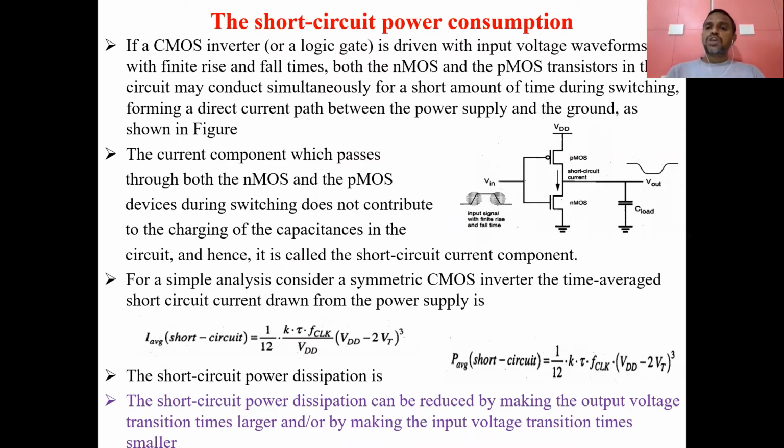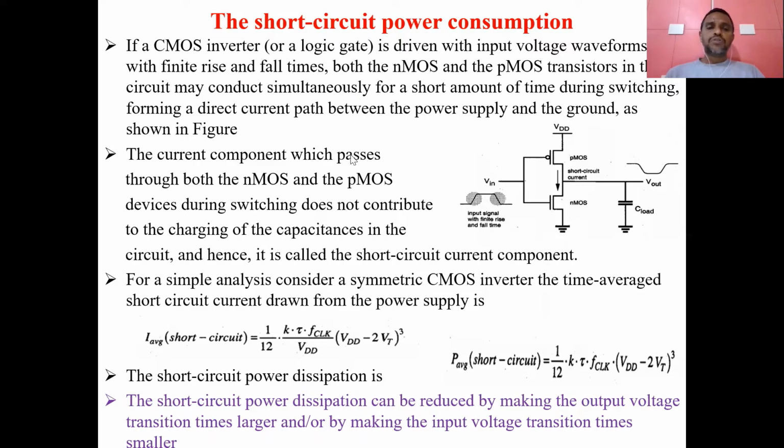At a particular point, both NMOS and PMOS transistors conduct simultaneously, and because of that, a short circuit, or a direct current path, is established between the power supply VDD and the ground. This arrow mark indicates the short circuit current flow between VDD and ground.